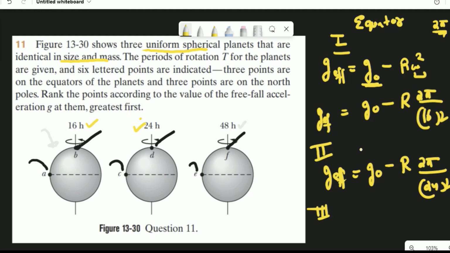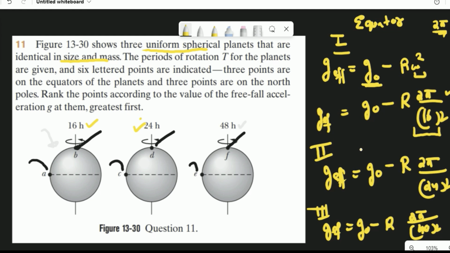And third, G effective is equal to G naught minus R times (2 pi divided by 48) whole square. If you see all of these, this quantity will be the largest because the denominator is the smallest.